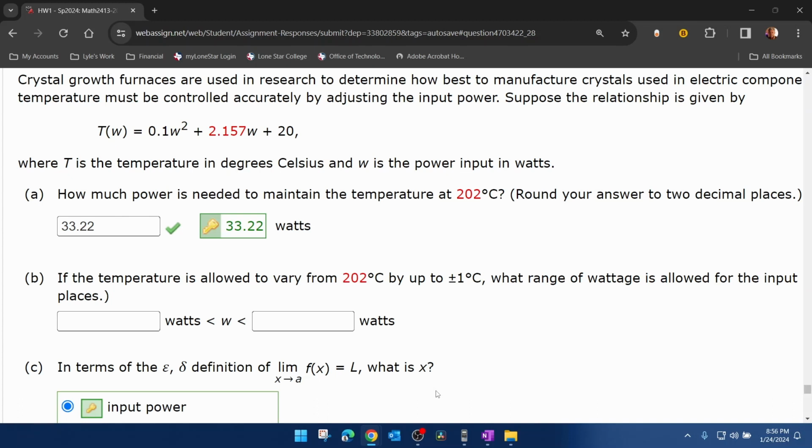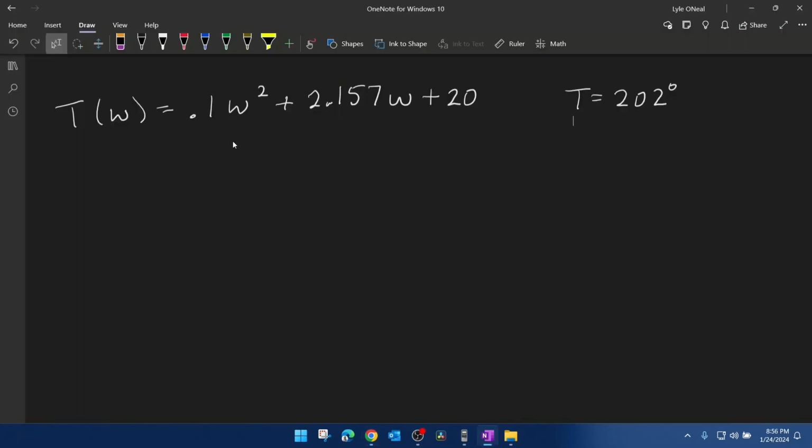So our target temperature of 202, we're going to replace T of W right here in our function with that temperature, and then we're going to have to solve for W. And we're going to do that over here in our scratch pad. So here we go. 202 is our y value. Notice that this is a quadratic equation.